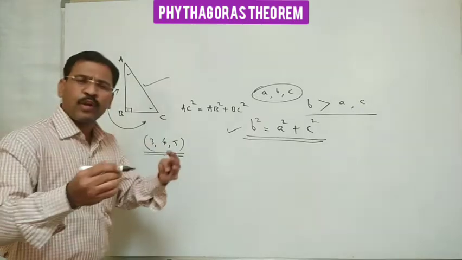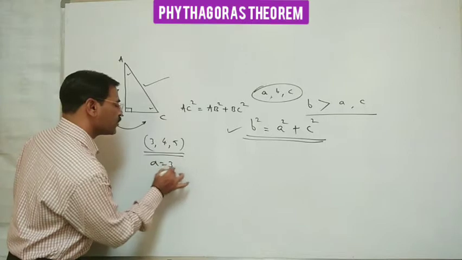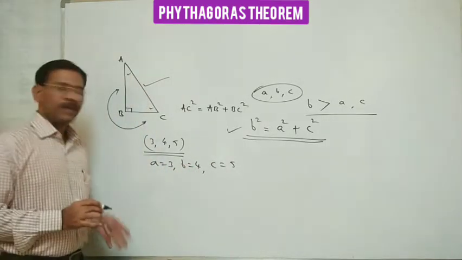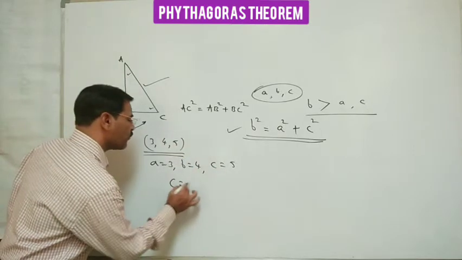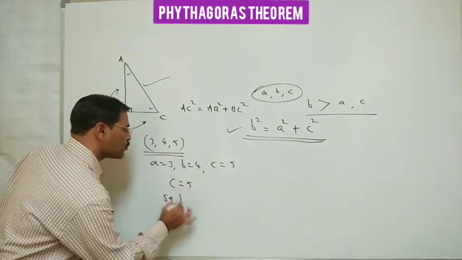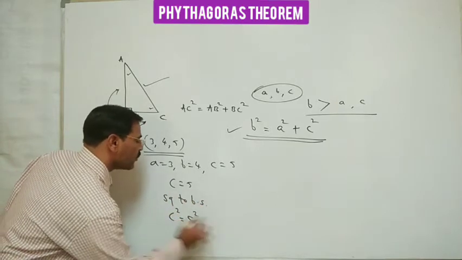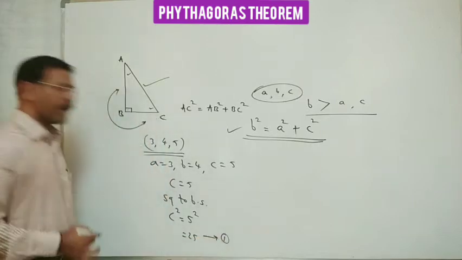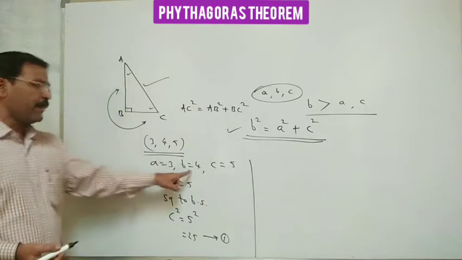First of all, we write some letters: A is equal to 3, B is equal to 4 and C is equal to 5. Here C is the greater one. We write C is equal to 5, square both sides. What do we get? C square is equal to 5 square, which is 25. Write this as equation number 1.